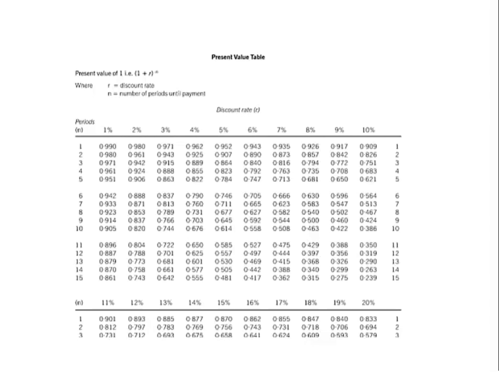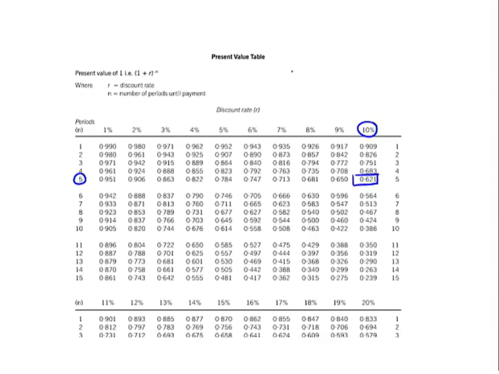So let's imagine then from example 5, we were investing for 5 years at 10%. So the discount factor that we would have been looking for is 10%, and we would have wanted the 5-year discount factor.